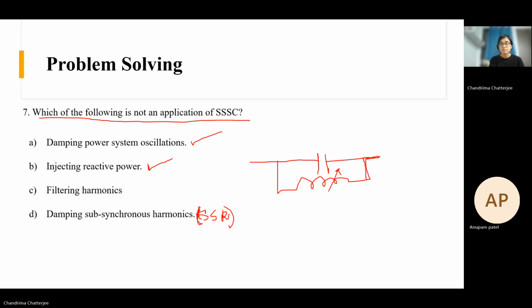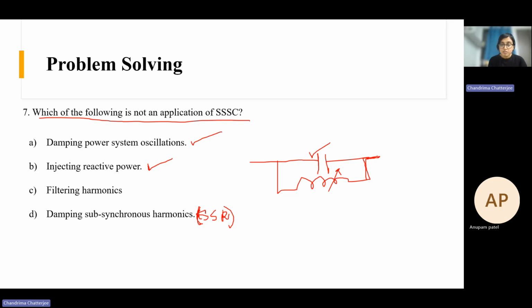Now what may happen is there are certain inductive impedances in the network, right? Those inductive impedances and this series capacitor may interact with each other and there may be a resonance, that is subsynchronous resonance. That means the resonance frequency is less than the synchronous frequency, that is the line frequency.